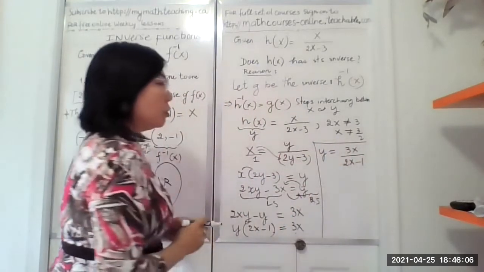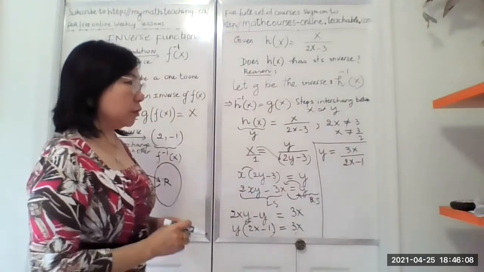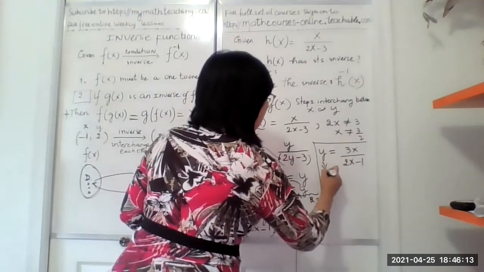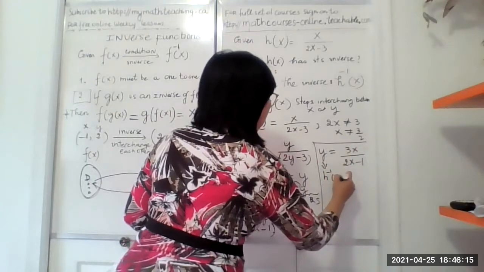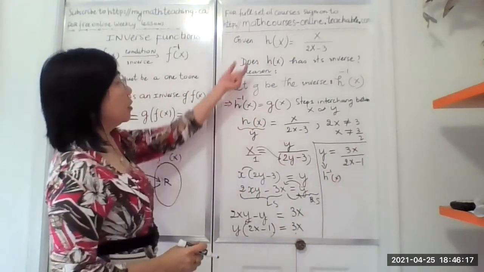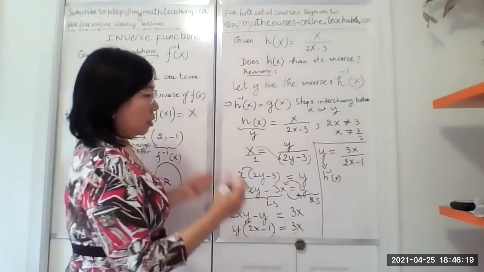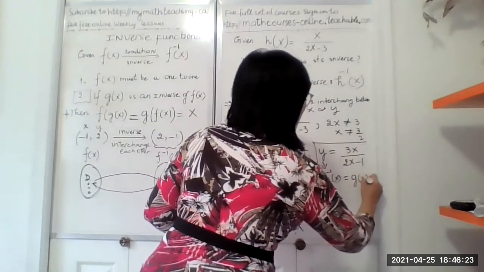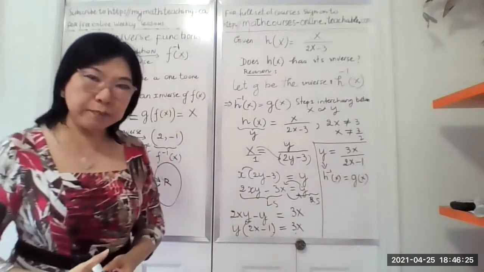This is our new function when we solve for the new y. This y represents the h inverse of x function, which is the inverse of the h of x function, also equal to g of x if we want to name it with a new name.